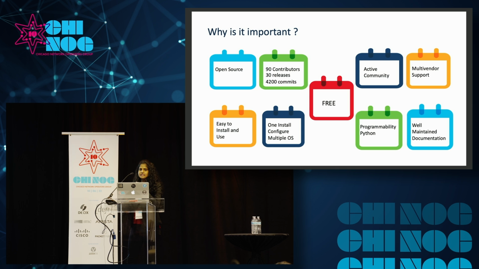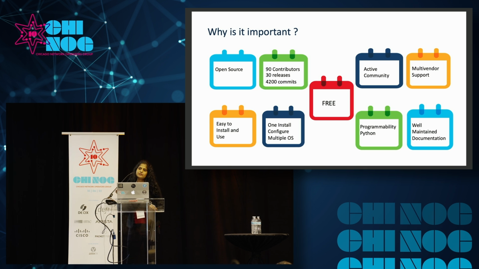It has an active community with 90 contributors, 30 releases, and 40 to 100 commits. It provides multi-vendor support as we have seen in the previous slide. And it's completely written in Python, and Python is very easy, so I don't have to say more about it.